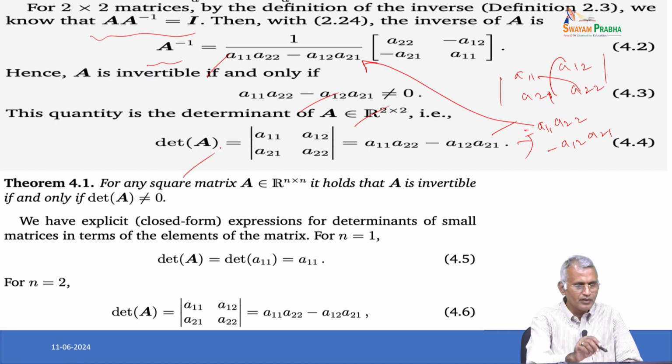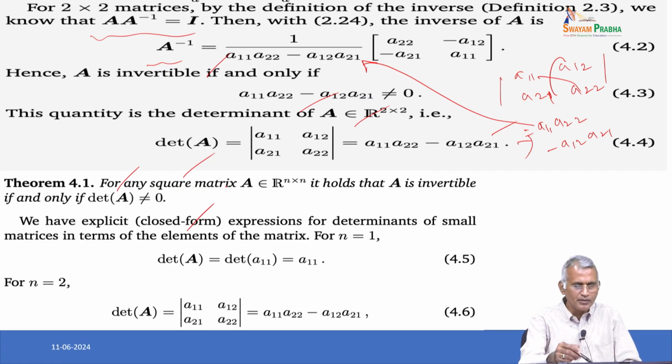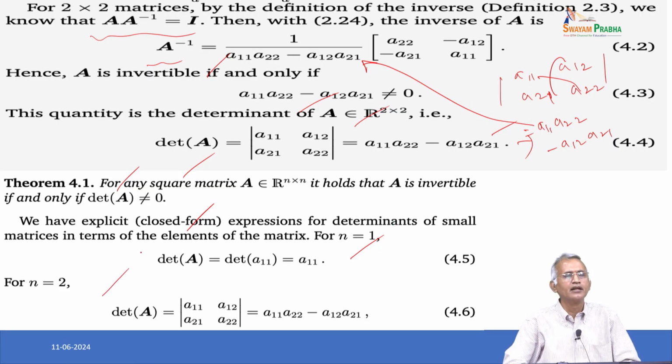By the theorem, for any square matrix A in R power n cross n, A is invertible if and only if the determinant of A is not equal to 0. The closed-form expressions of the determinant for small matrices, in terms of the elements of the matrix: for n equal to 1, det of A11 equals A11. For n equal to 2, the determinant of A is A11 A22 minus A12 A21, expanded.